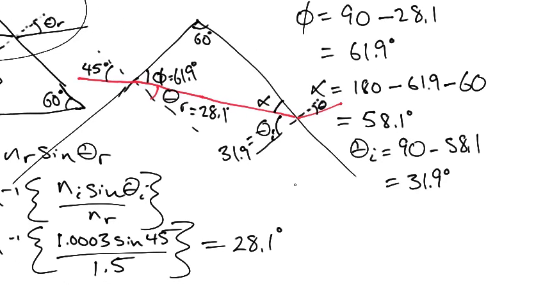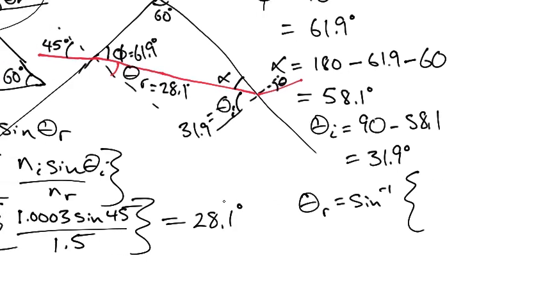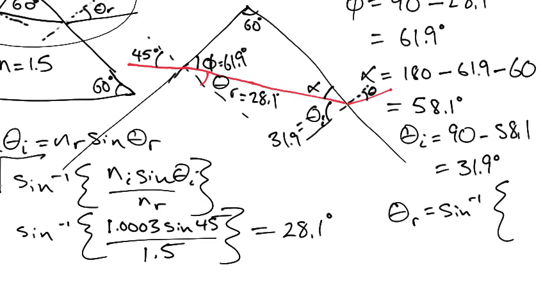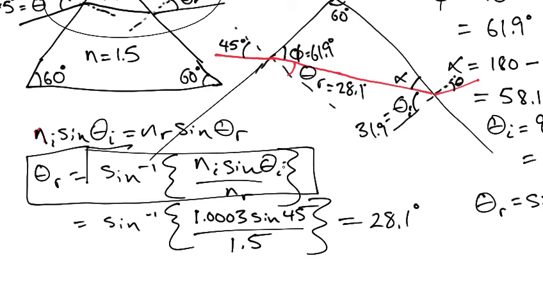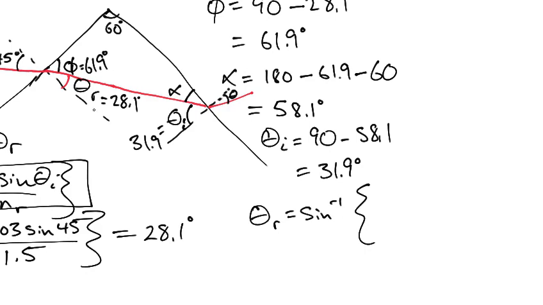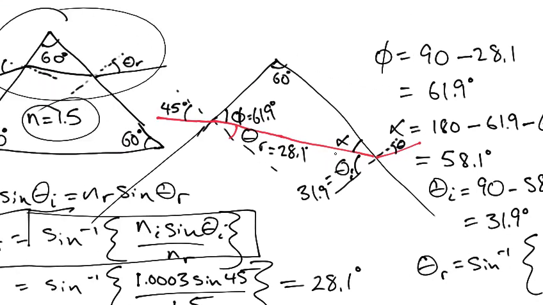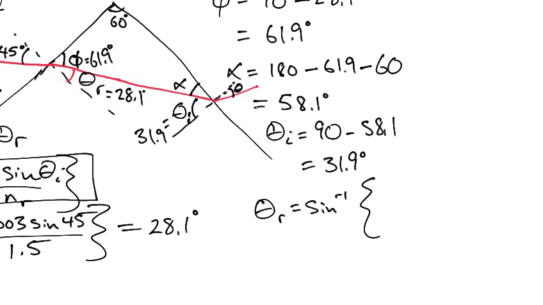So again, in that case, we have to do the same equation. Theta r is going to equal the inverse sine of, it's exactly this equation again. The only difference is that in this case, Ni is our incident material, the one that we're leaving, which is 1.5.